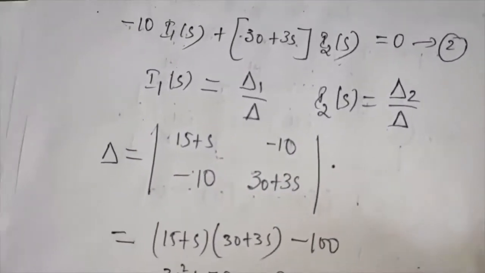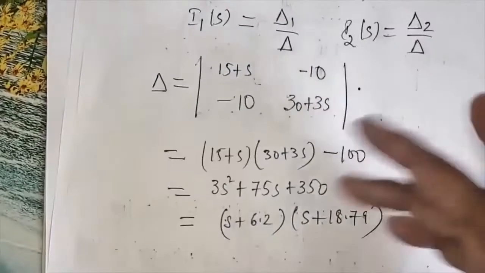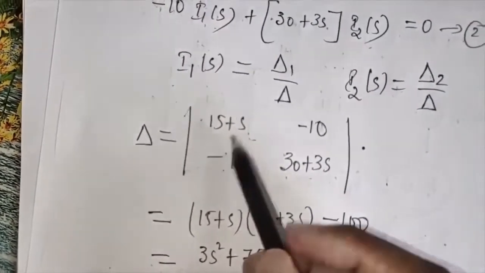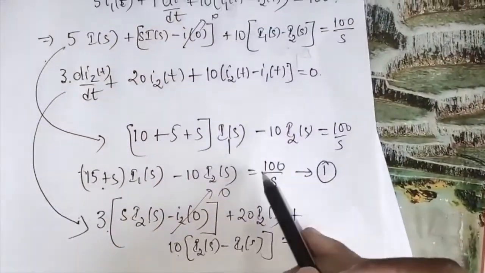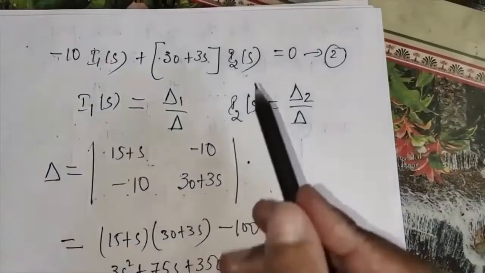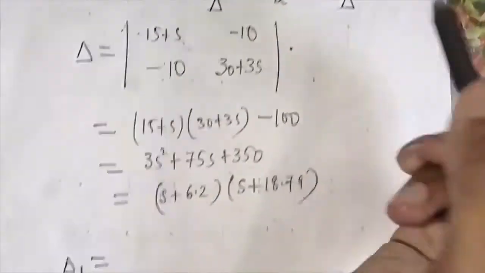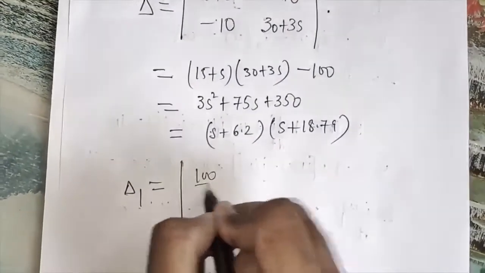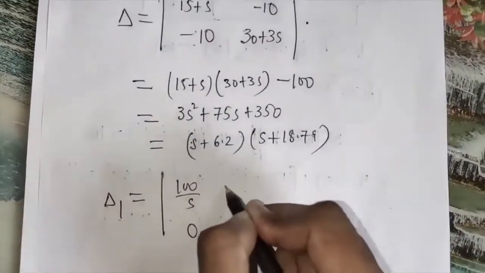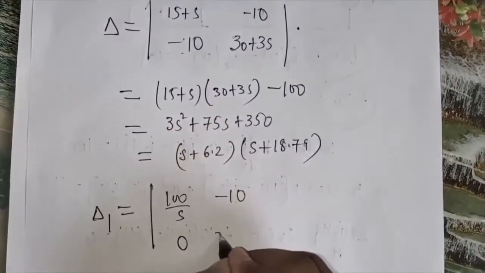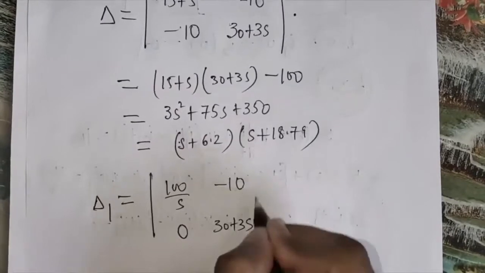Similarly for delta 1, the first column is replaced by the right-hand side terms. In the first equation the right-hand side is 100 by s, and in the second equation it is 0. So delta 1 has first column 100 by s and 0, and the second column remains the same, minus 10 and 30 plus 3s.